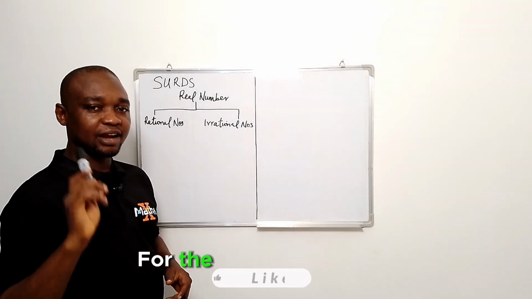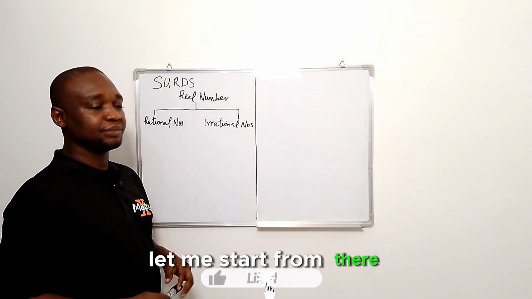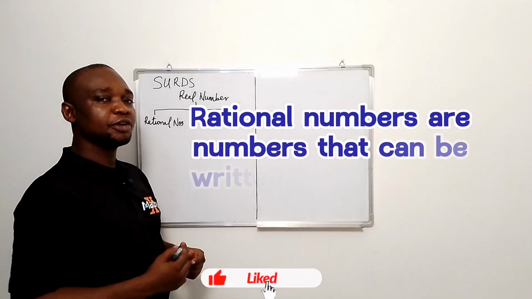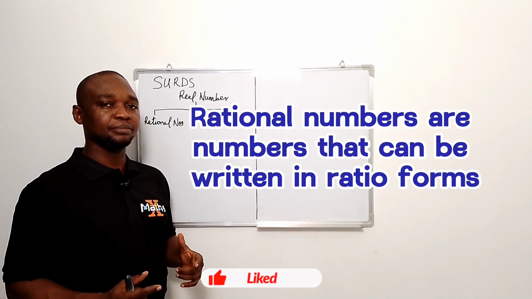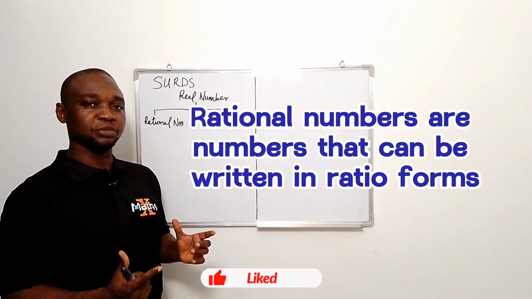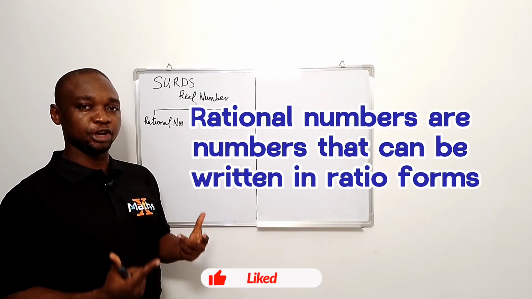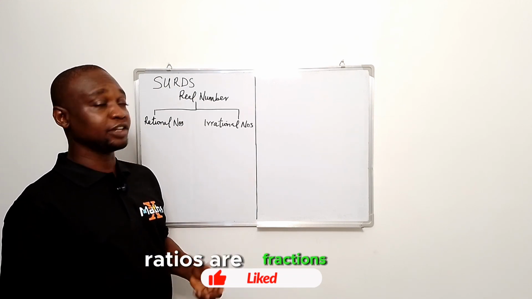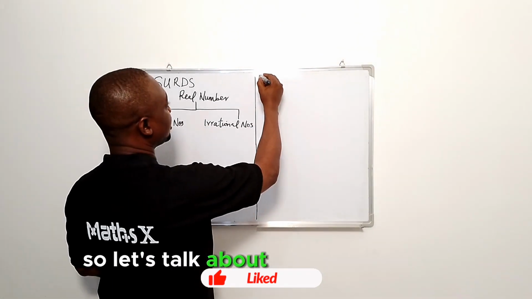For the rational numbers, let me start from there. Rational numbers are numbers that can be written in ratio forms. They can be expressed in ratios. Ratios are fractions also. So let's talk about rational numbers.